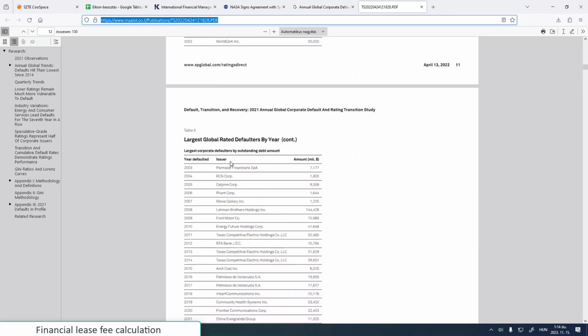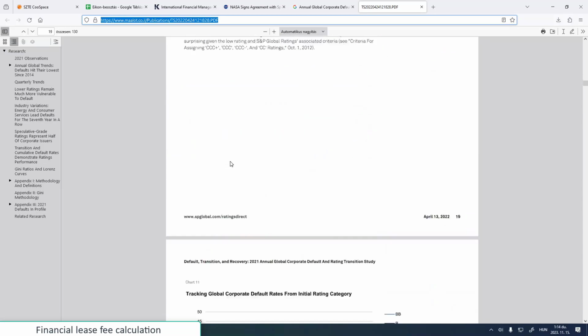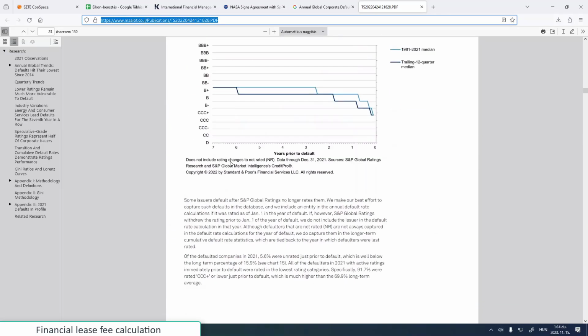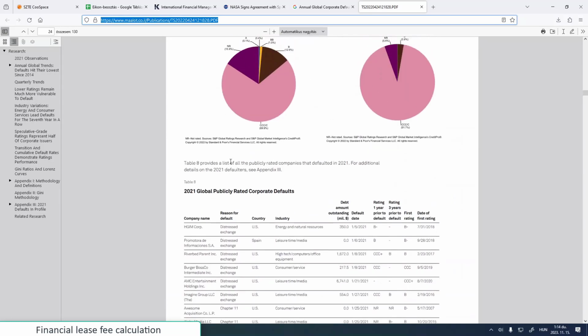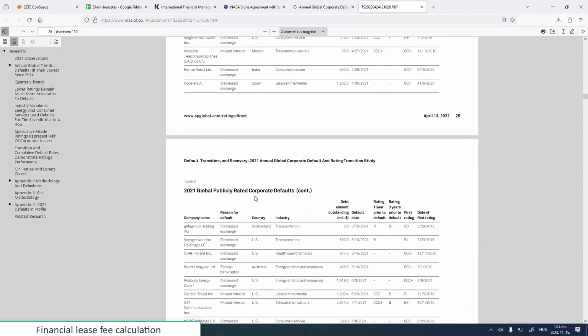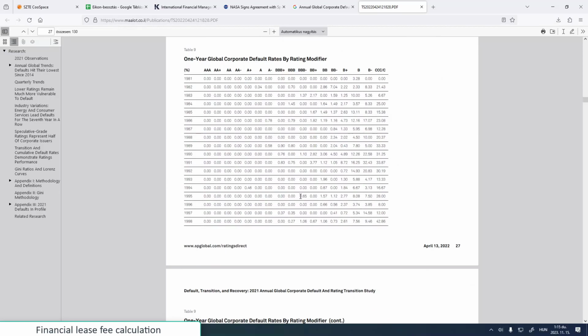Then we should go down to the specific industrial part, which is not aggregated at all, and we can see there are... So if you are interested in the default stories, then also all the globally important defaults are mentioned here with all the category of the company as well.